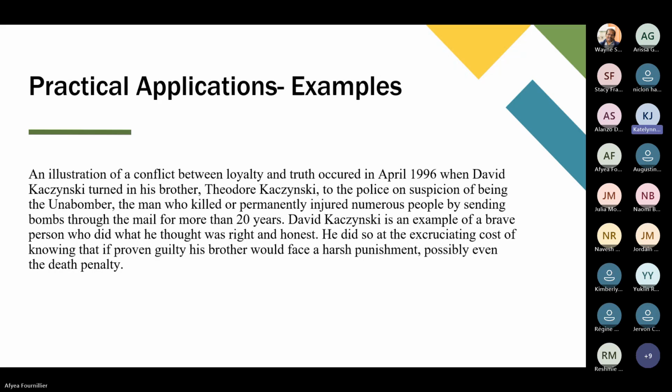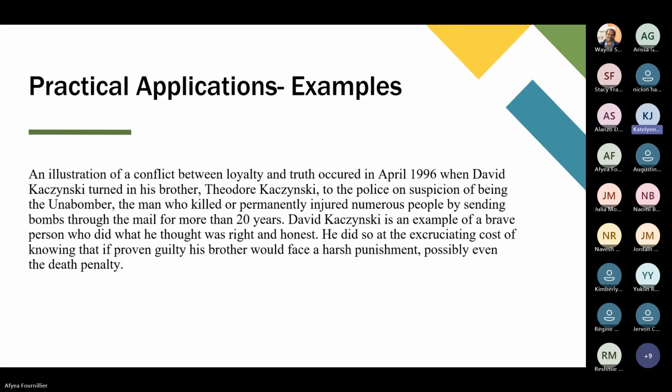An illustration of a conflict between loyalty and truth occurred in April 1996 when David Kaczynski turned in his brother, Theodore Kaczynski, to the police on suspicion of being the Unabomber, the man who killed or permanently injured numerous people by sending bombs through the mail for more than 20 years.